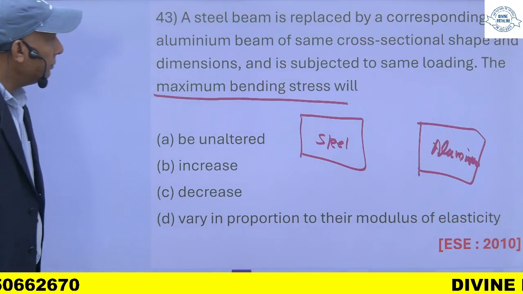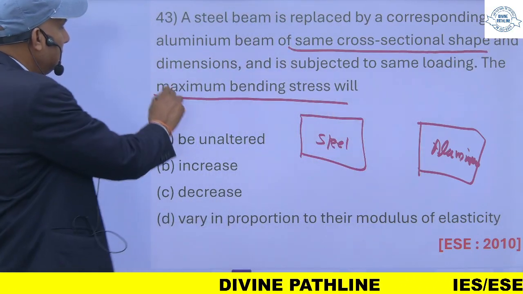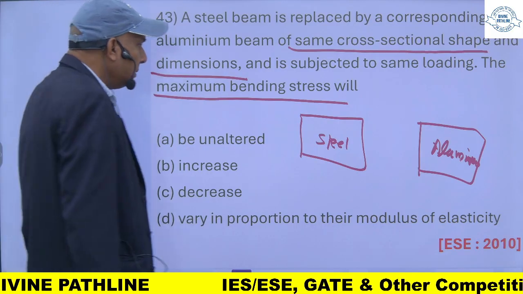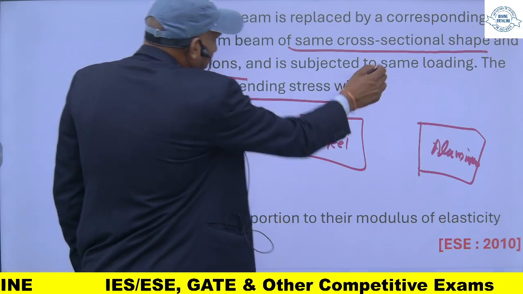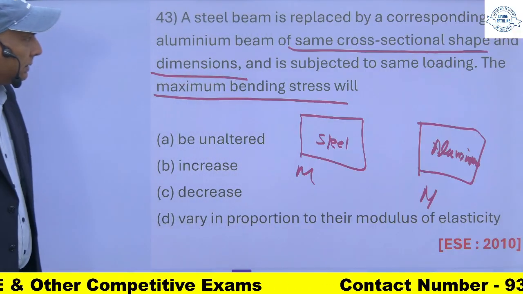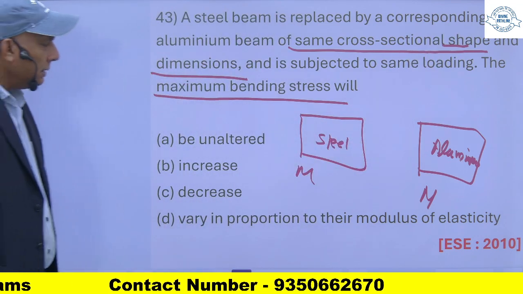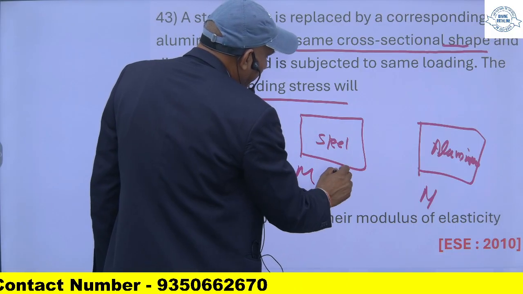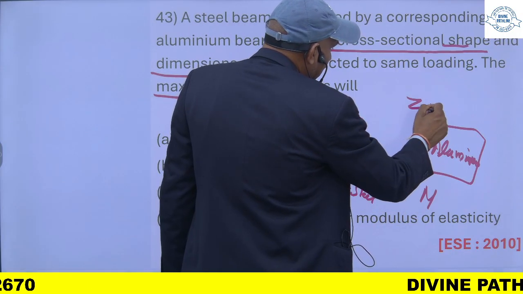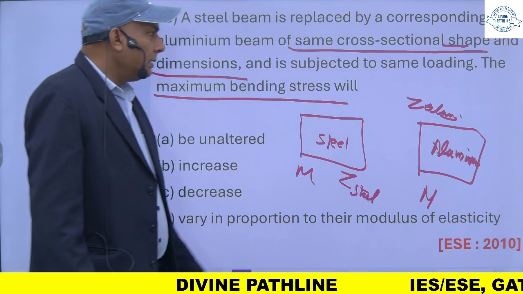Both beams have the same cross section, shape and dimensions, and are subjected to the same loading. Same loading means the bending moments of the two are the same, and same cross section, shape and dimensions mean the section modulus Z of steel and Z of aluminium are the same.